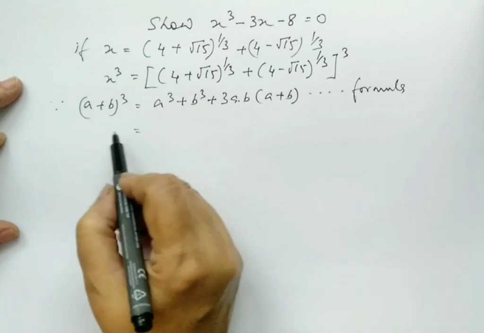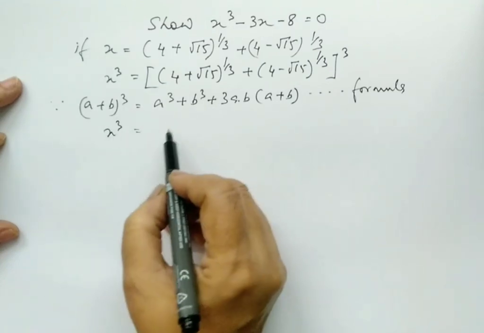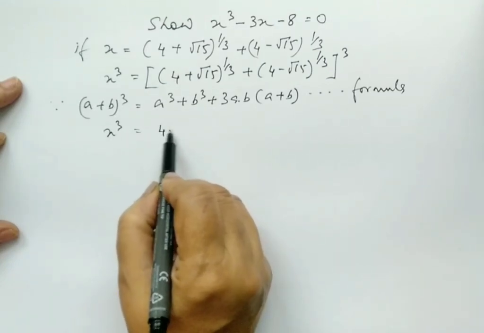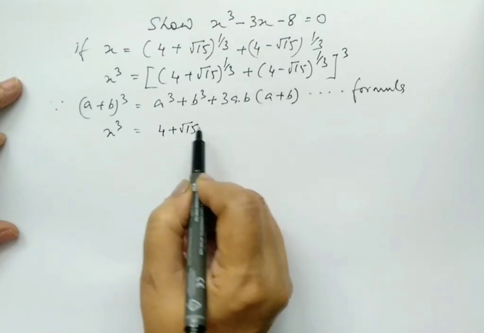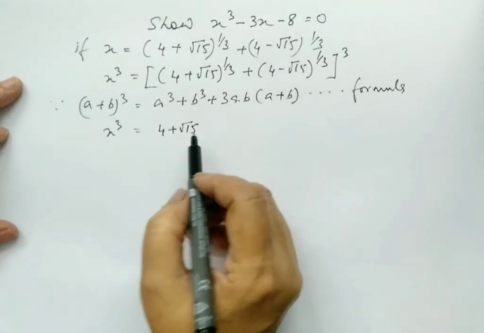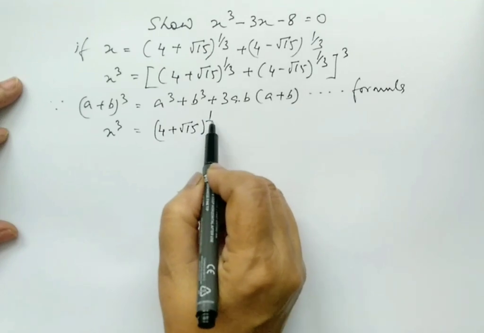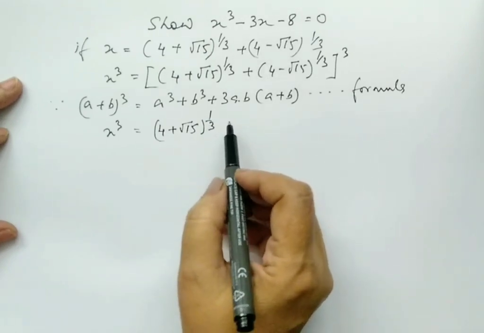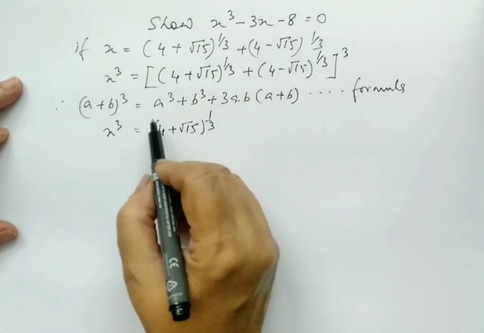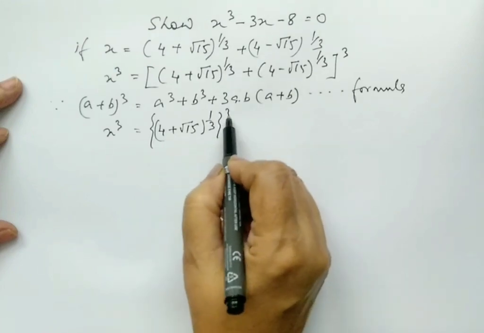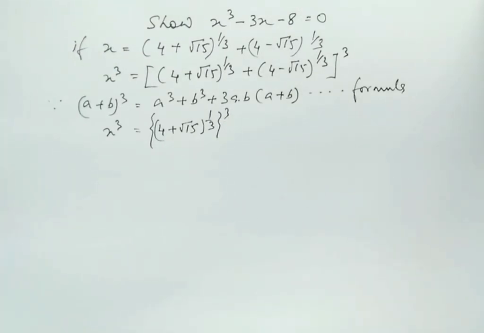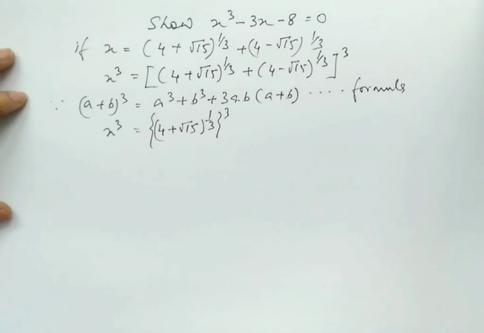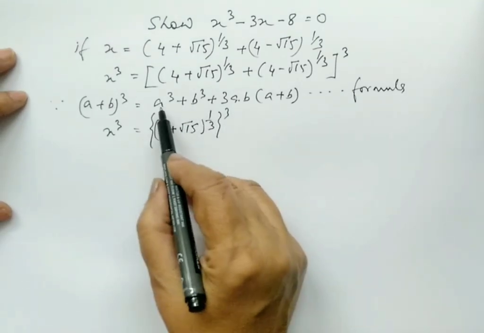So x cube again comes down. We have 4 plus root 15, which already has a power of 1 by 3, and we'll assume another power, which is a cube. So this one we have completed.